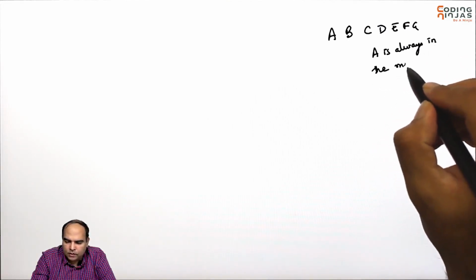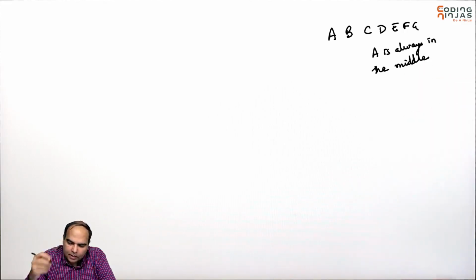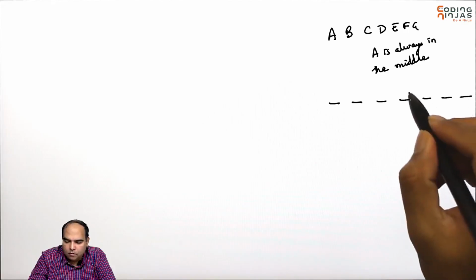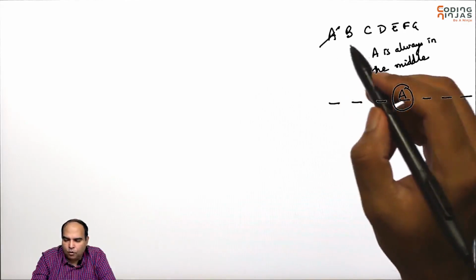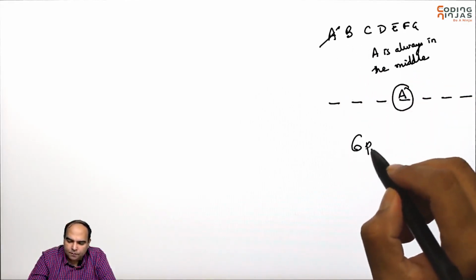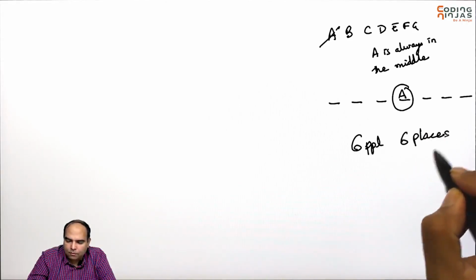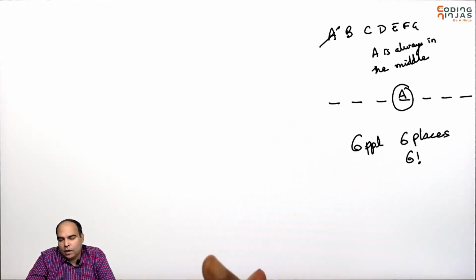A, B, C, D, E, F, G in a straight line such that A is always in the middle will mean that A is fixed, and effectively what you have is 6 people, 6 places, and that would be 6 factorial. And as you can see, all these questions you're doing through the r factorial tool without the need for nPr at all, right?